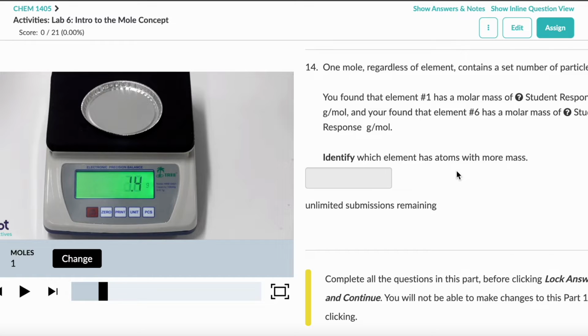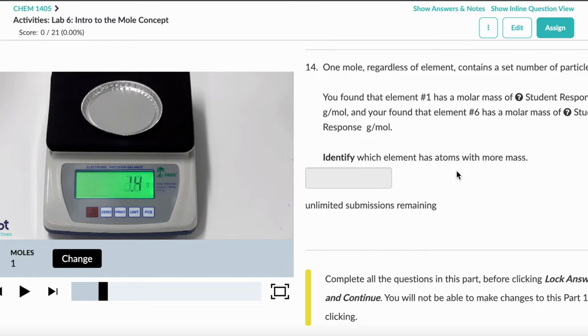In other words, when you look at the atomic mass, right? Because for atomic mass, you are counting and adding up the mass of protons and the mass of neutrons. That's for an individual atom, right? For moles, you are determining the mass for 1 mole of those atoms.